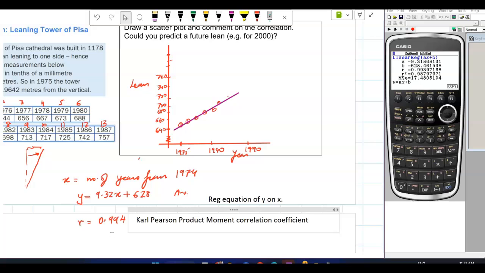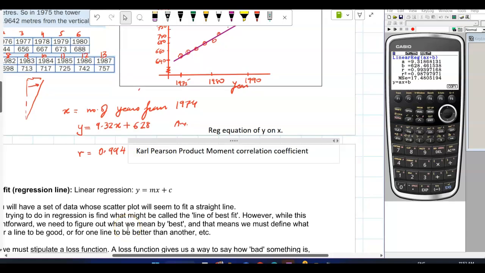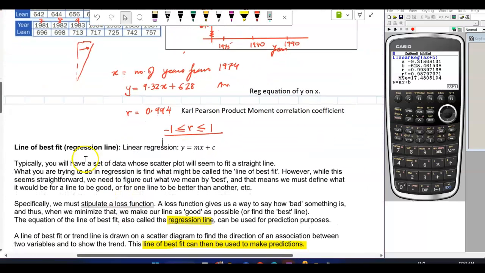So this is a strong positive correlation. 1 is perfect positive, and a strong negative correlation is closer to -1. Basically the product moment correlation coefficient takes values between -1 and 1. It doesn't take any value beyond that. That will come subsequently.